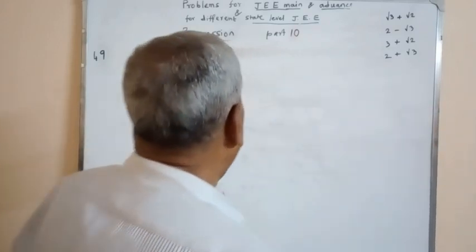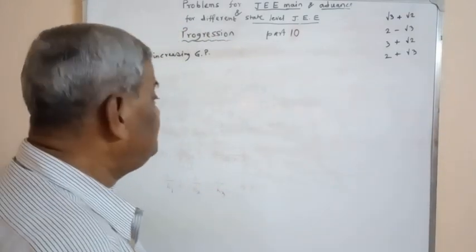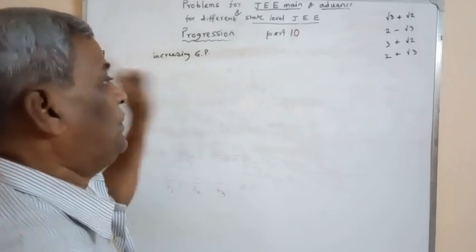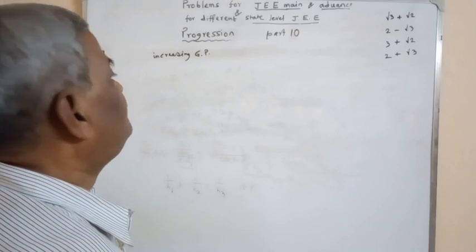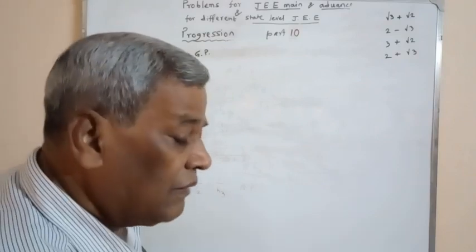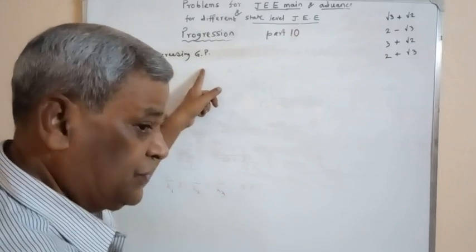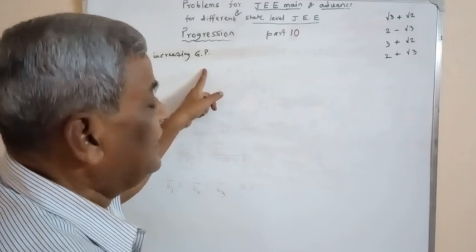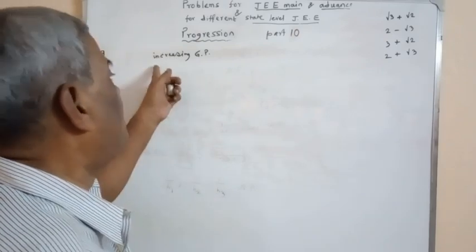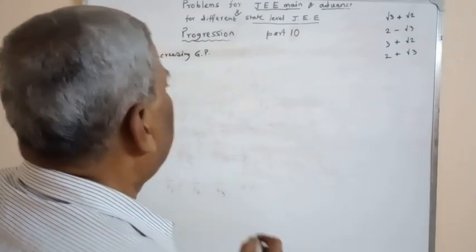Once again I repeat the problem. Three numbers form an increasing GP. Now if the middle term of the increasing GP is doubled, then the resultant series forms an AP. Then what is the common ratio of the increasing GP?